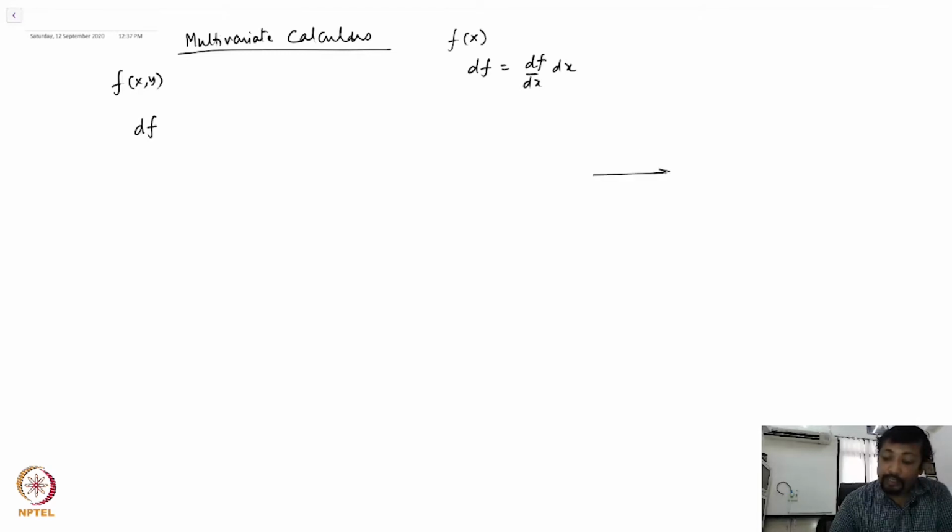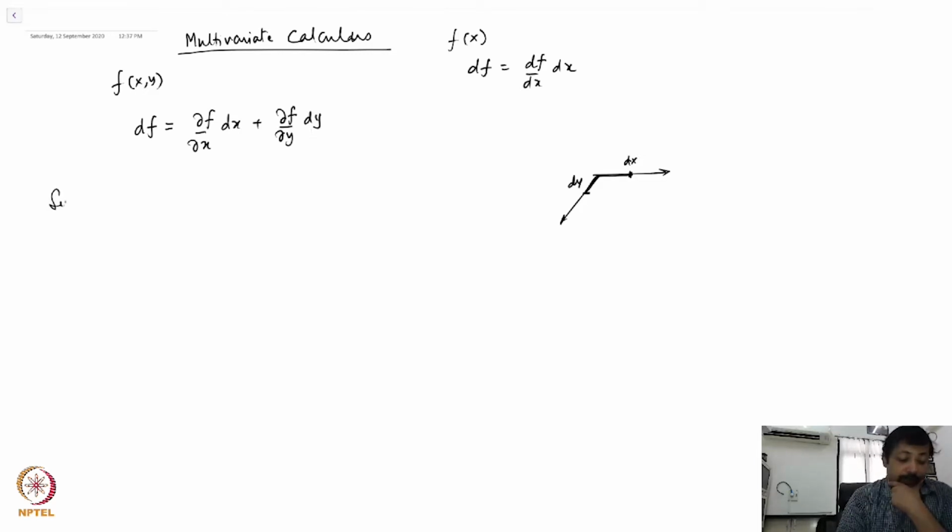This essentially means that I have to go a distance dx along the x direction and a distance dy along the y direction, and I want to calculate the change. That, in a very simplified notation, is ∂f/∂x dx plus ∂f/∂y dy, right?